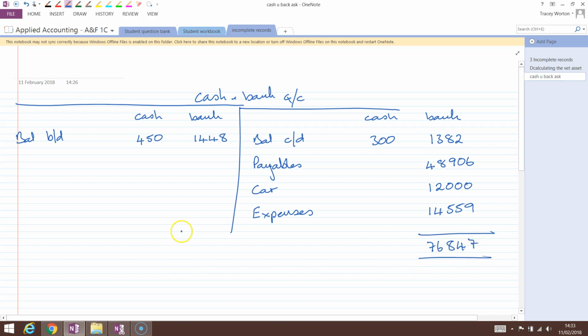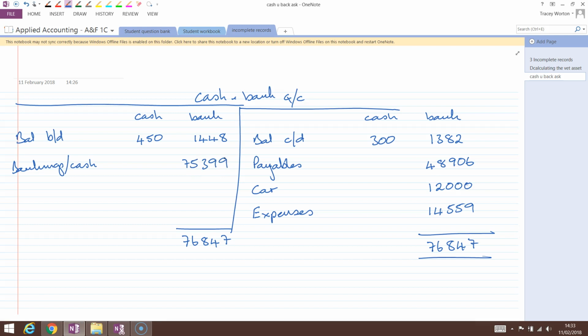We're going to make the debit side equal the same, so 76,847. So the amount that's been banked, which we assume must have come out of the cash tin, would be our balancing figure in this case, so 75,399.